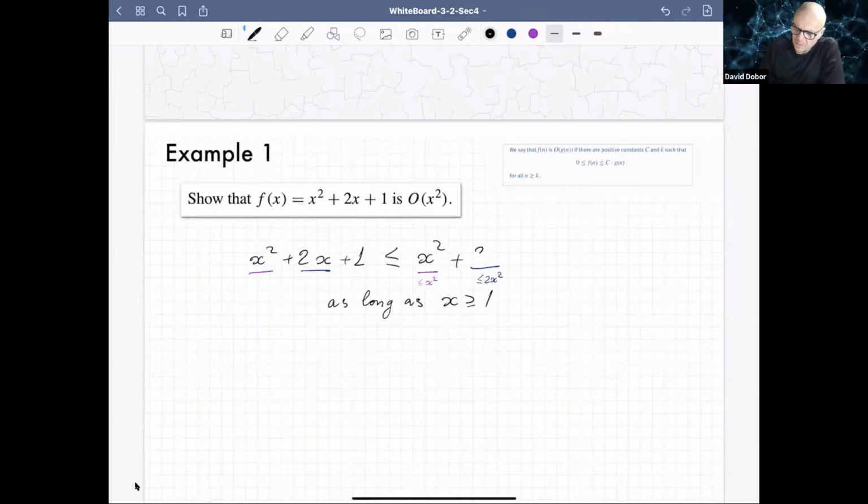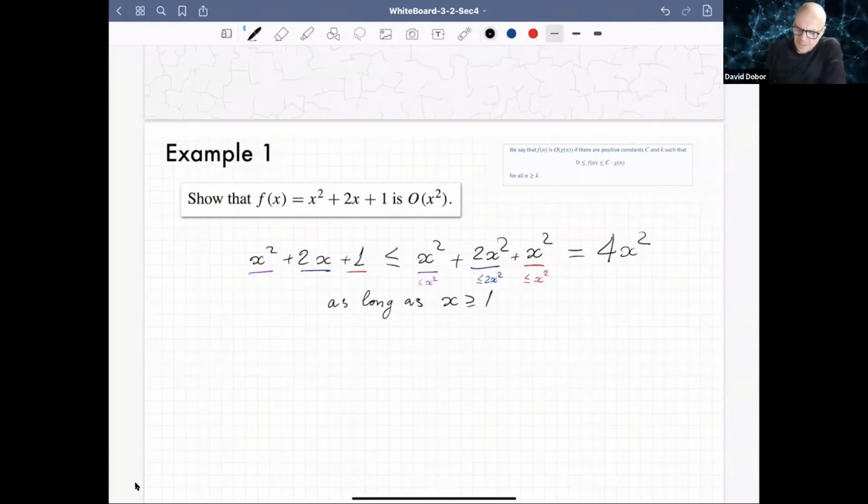So this is 2x squared. Clearly, then, 1 is going to be less than or equal to x squared, right? So he writes down x squared here. Why does he do that? Because now he can add up these x squareds, and I get 4x squared on the right-hand side.